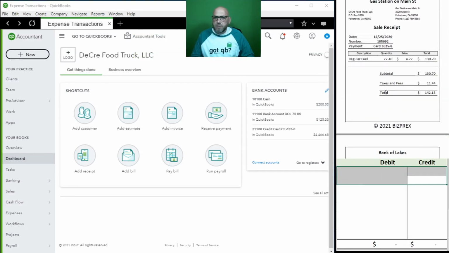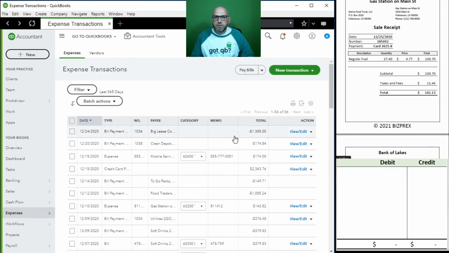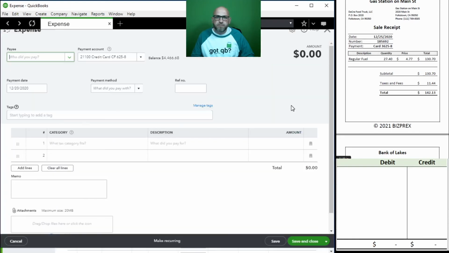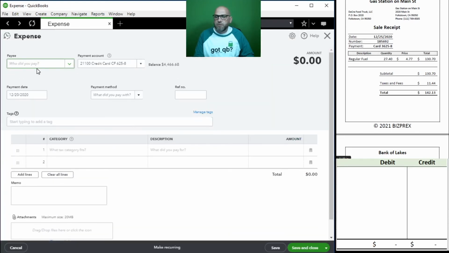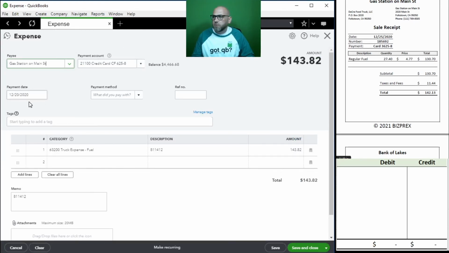Okay, we have a gas station receipt we're going to book. We do those through the expense module. Very easy. It's just an expense we're going to book right here. Good to go. Credit card, all good. Change the date.